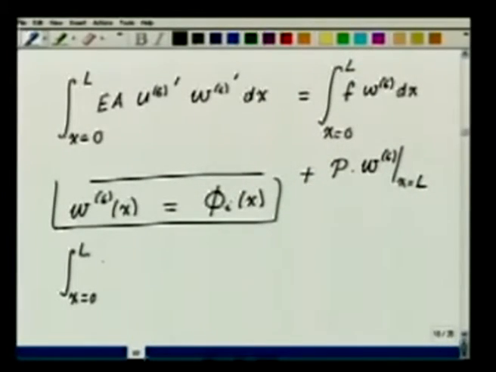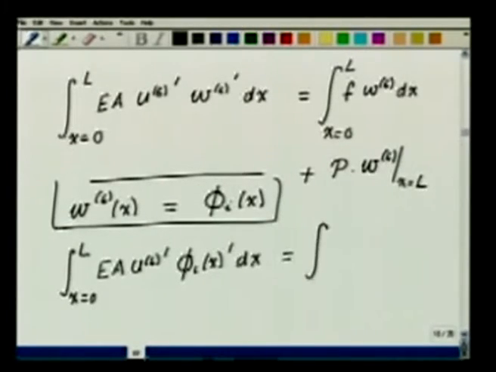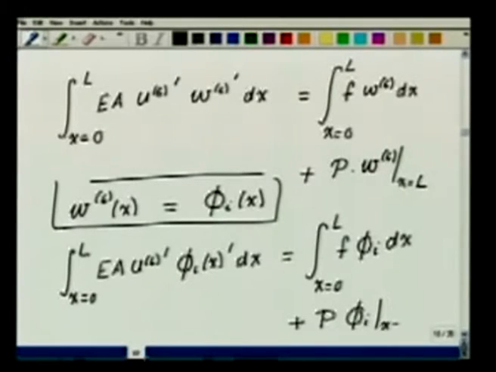So here, in this representation, replacing it, we get EA u6 prime phi i prime, this is equal to integral of 0 to L f phi dx plus p phi evaluated at the point x equal to L. So this way we can choose w6 equal to phi 1, put it in this expression, we'll get one equation.